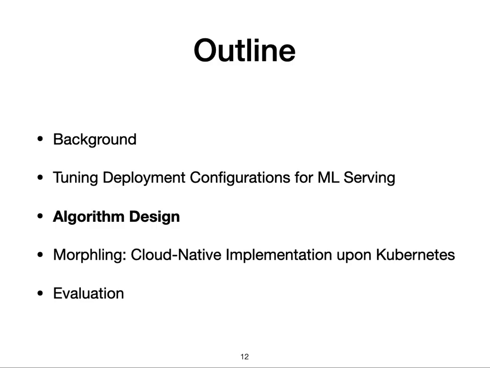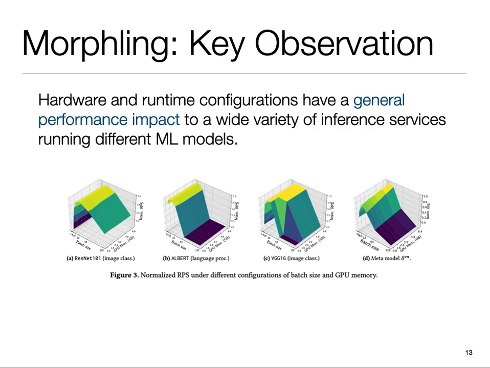So in this work, we present Morphling, a fast and near-optimal auto-configuration framework for cloud-native model serving services. Our key observation is that the hardware resource allocation and runtime configurations in machine learning model serving have a general performance impact on a wide variety of services.